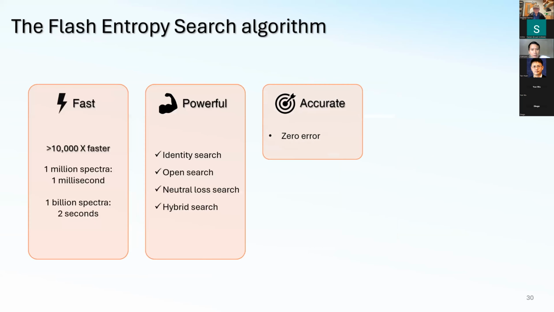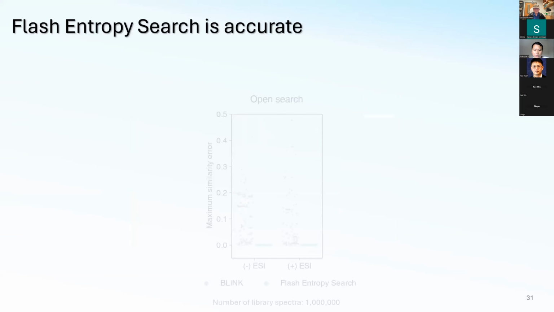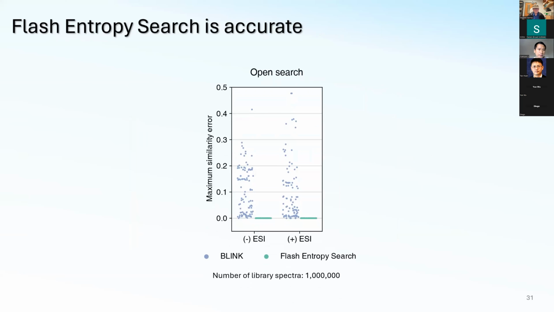I also want to mention our method is accurate. It has 0 errors in the calculations. In this case, we compared our method's result against the traditional method. I also take the Blink method as a comparison, and the Blink method can also do spectrum comparison very fast.